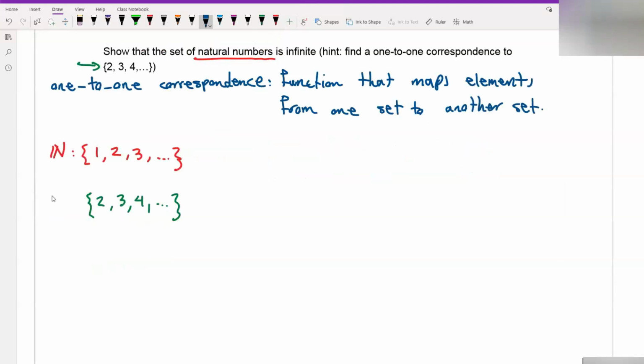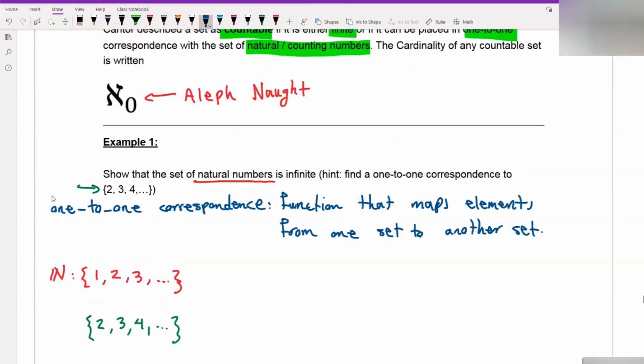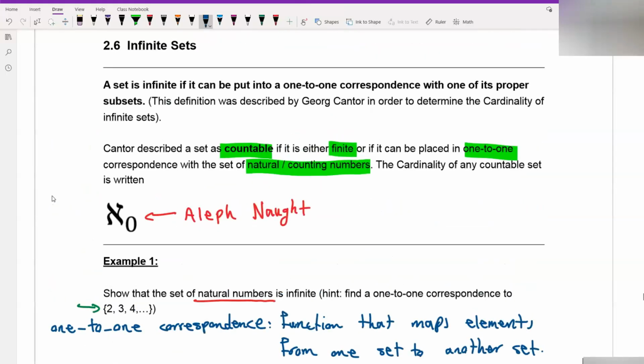Now that this set is given as 2, 3, 4, we compare it with the natural numbers. The point is that a set is infinite if it can be put into one-to-one correspondence with one of its proper subsets.